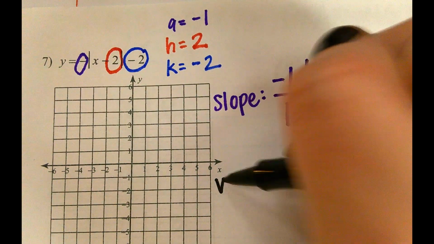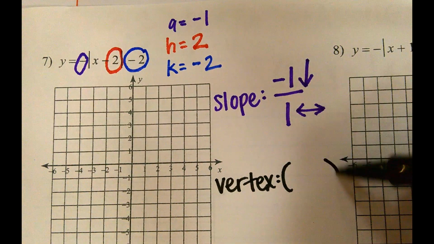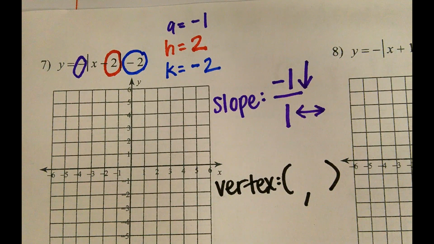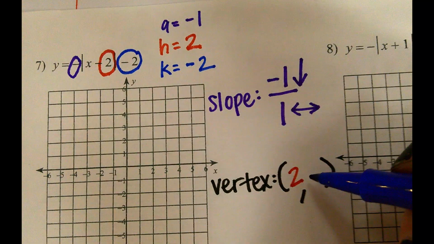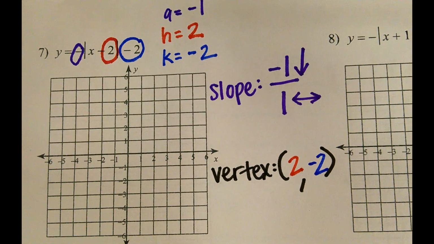Now, somebody again raising your hand, what is my vertex going to be? Jessica. 2, -2. Yes, beautiful. I had it backwards. You had it backwards?